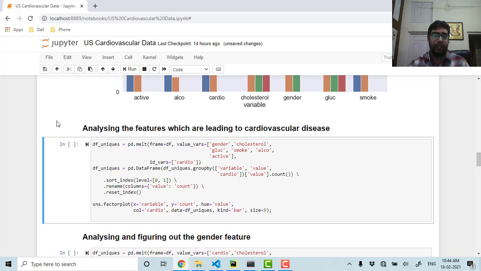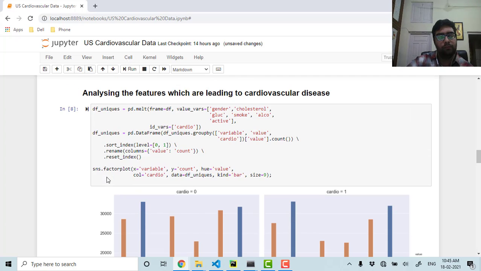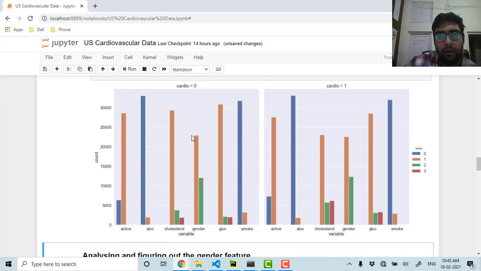Now let's analyze which features are leading to cardiovascular diseases. People who are not suffering from cardiovascular diseases are on the left graph, and people who are suffering from cardiovascular diseases are on the right graph.